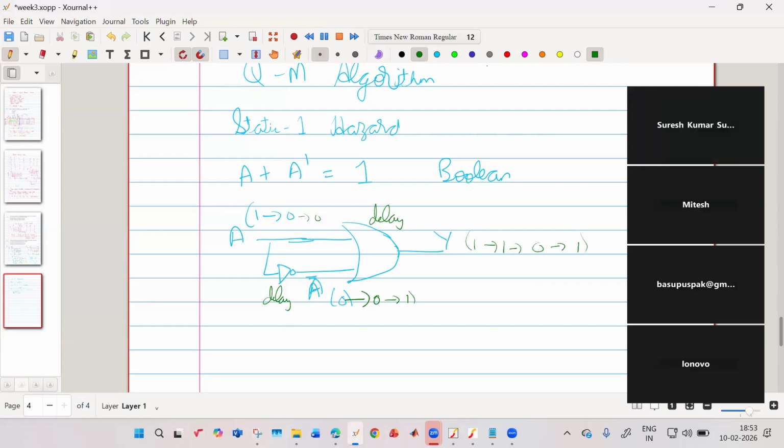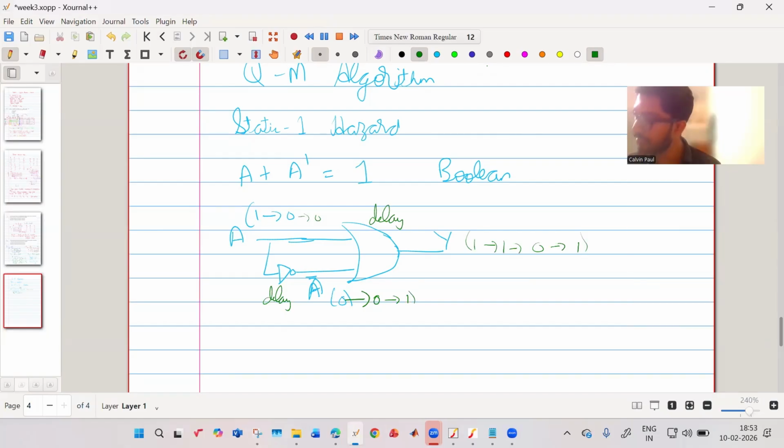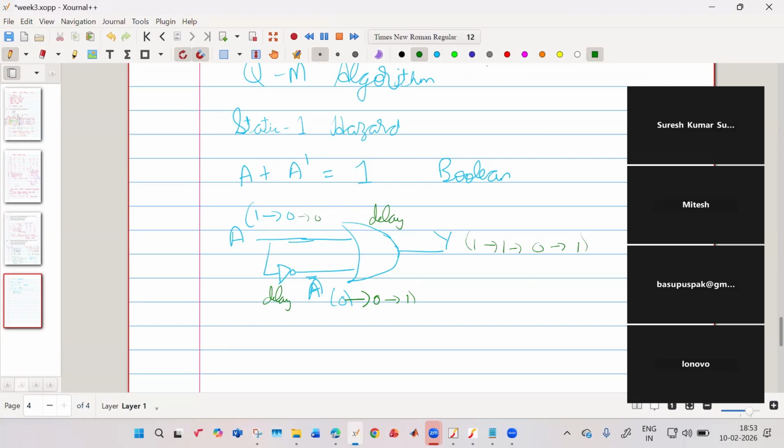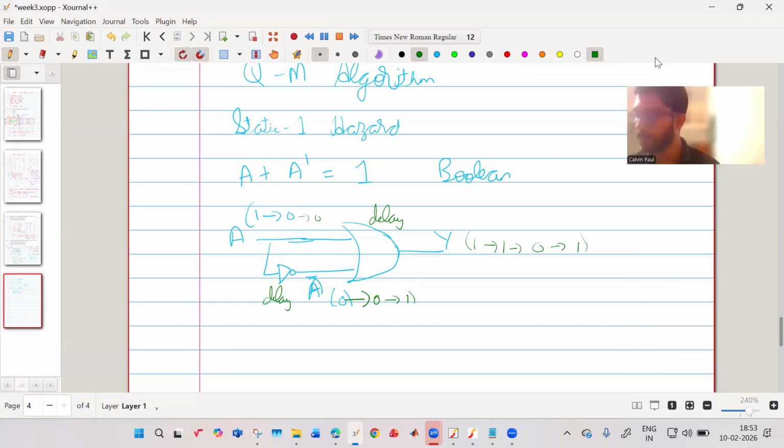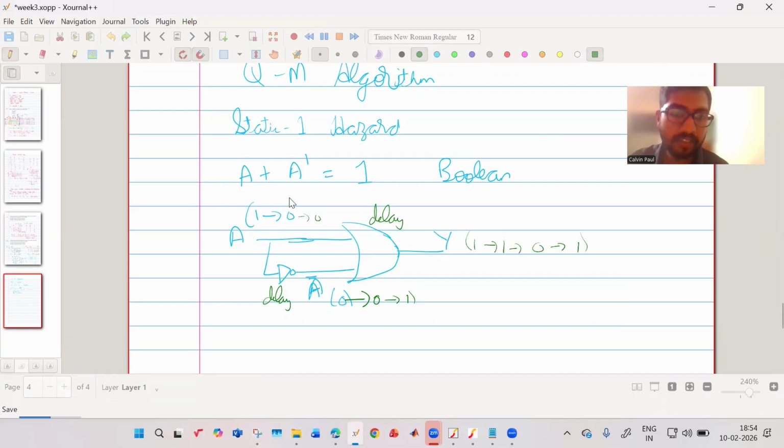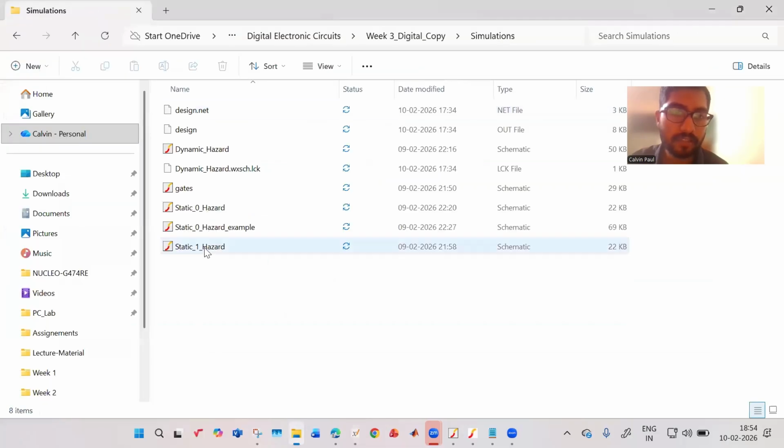Did you guys understand this? So to make this very well understood, this is a simulation which I had run. I'll just show that simulation. So, static one hazard.